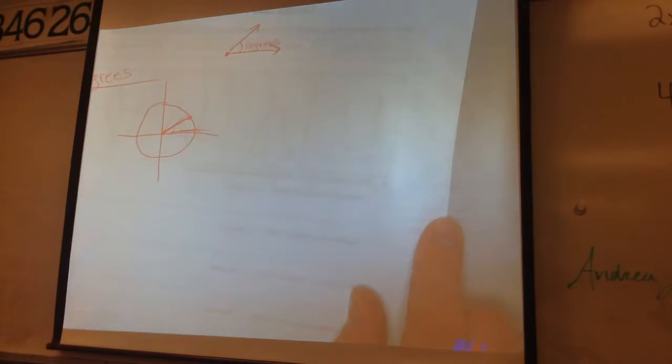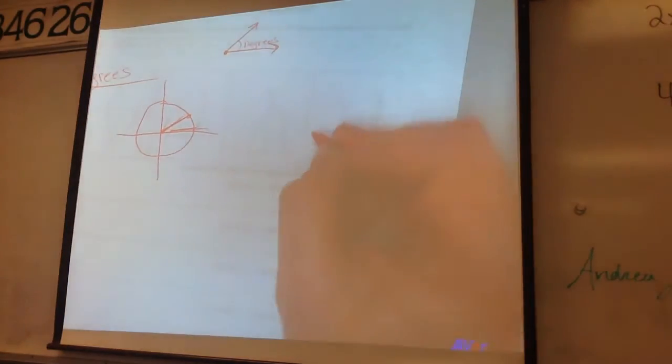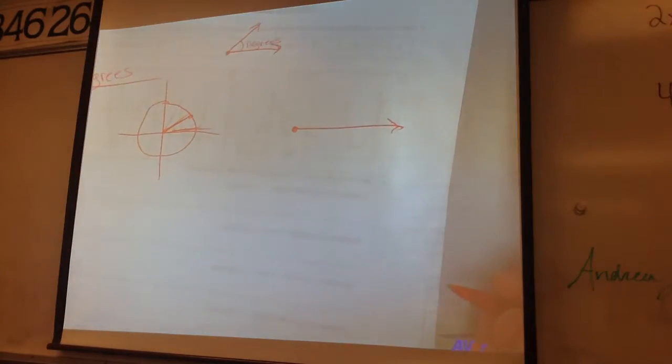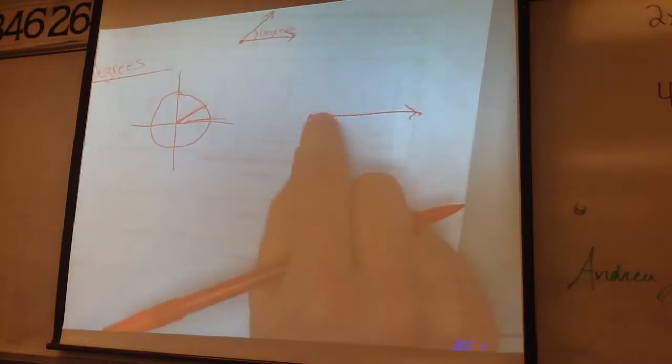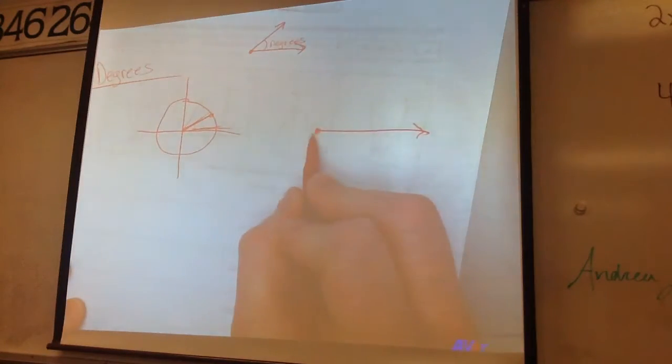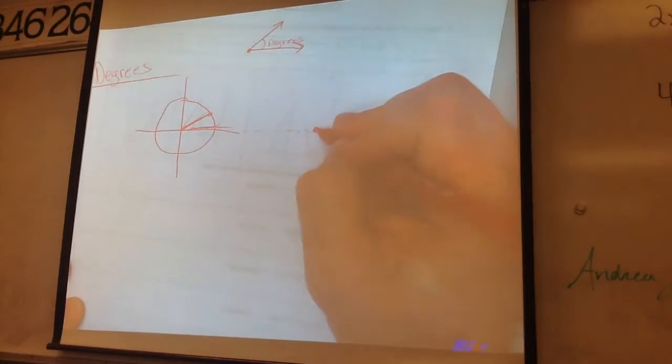Okay, from here on out, when we think about angles, you're always going to think about this ray right here. You're going to start with that one, going to the right. So if I say, draw a 165 degree angle, 180 would be right here, right? 90, there's 180.